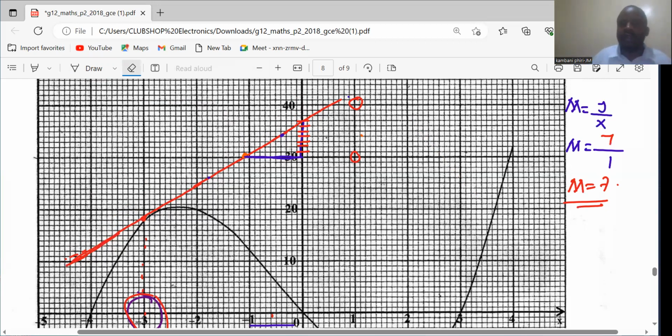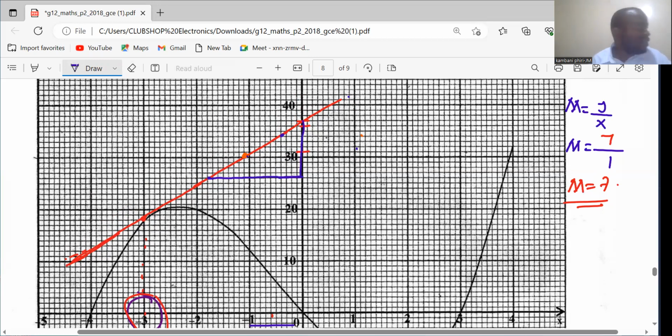Suppose you wanted to pick another point, not that one. Suppose I picked this point. Of course, you can see that I was just using a freehand to draw, so there could be a slight difference, but just get the idea. Then you do this up to here.